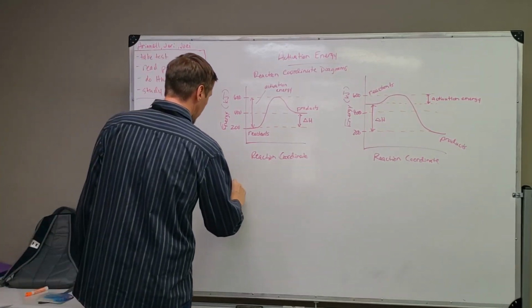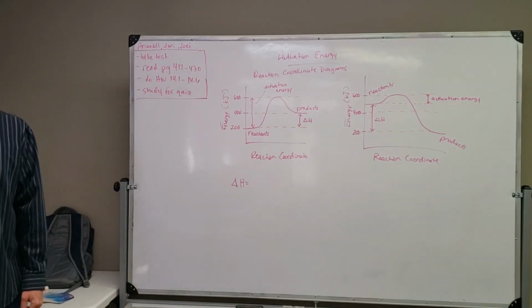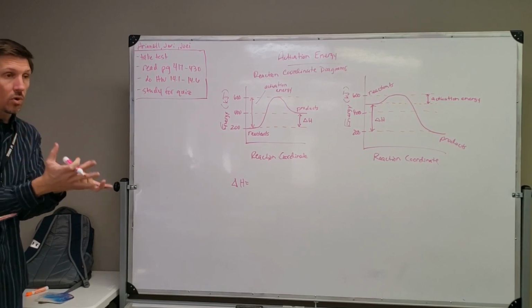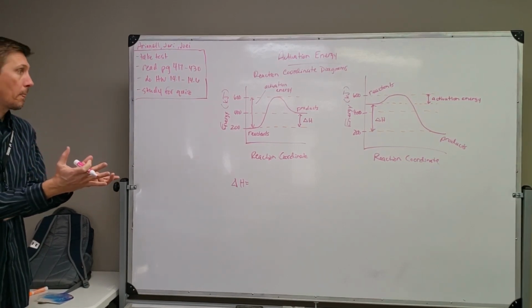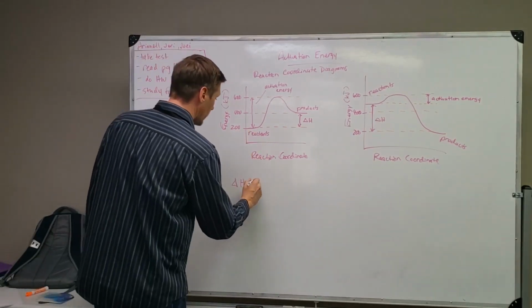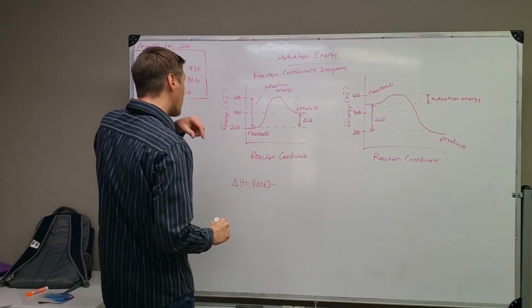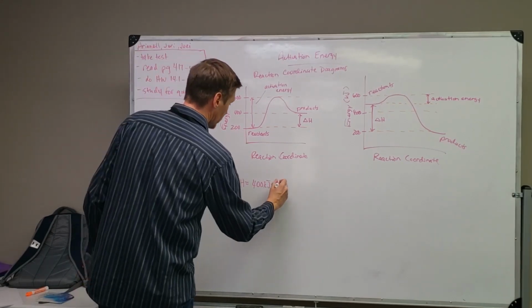The change in H for this diagram, based on Hess's law, is basically your products' energy value minus your reactants' energy value. So for this one, we ended with 400 kilojoules, and we started with 200 kilojoules.